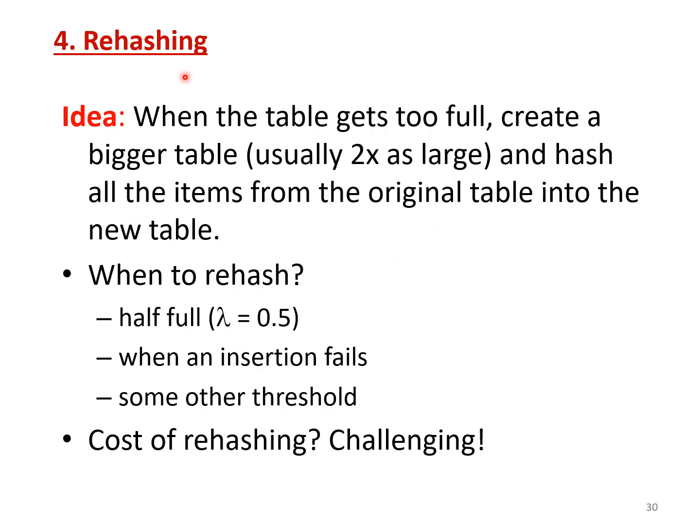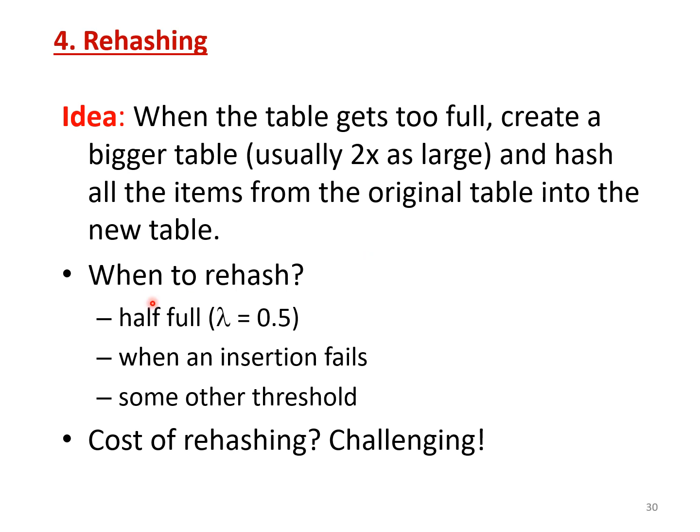The next type of collision resolving technique for closed hashing and open addressing is rehashing. When the table gets too full, we have to create a bigger table, usually 2x as large. Then we have to hash all the items from the original table into the new table.